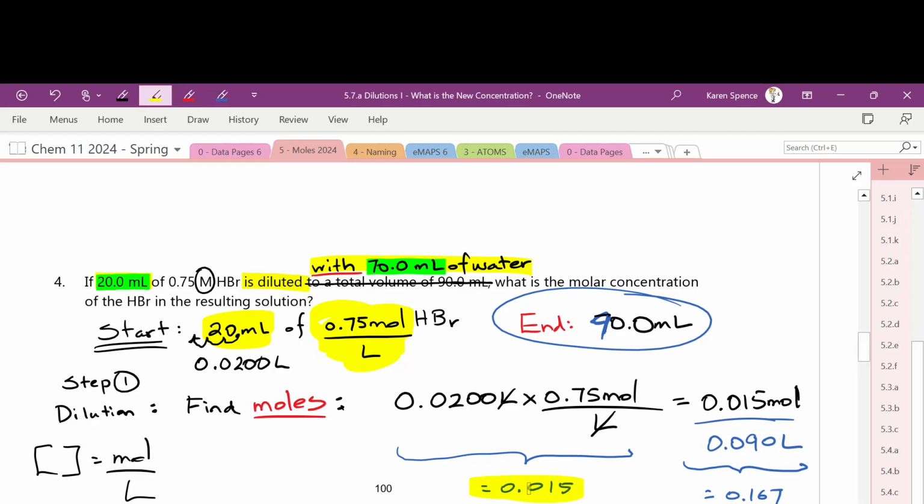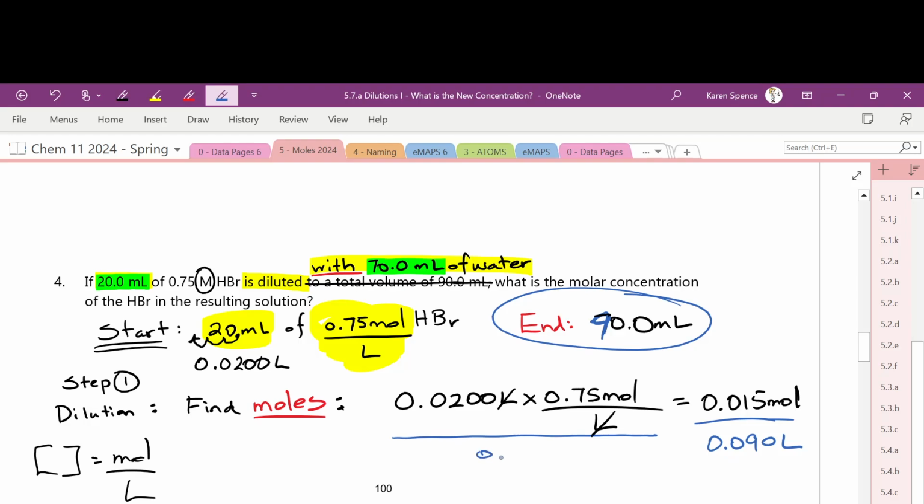Is 0.015 equal to 0.167? No. So you can't just throw something in the denominator on the other side if you want it to stay equal. Yes? If you want to just throw that underneath, there are a couple of options. You could, if you want to do the part that's in blue, do that to the other side as well, 0.090 liters. You could do that and now it still stays equal. Does that make sense?